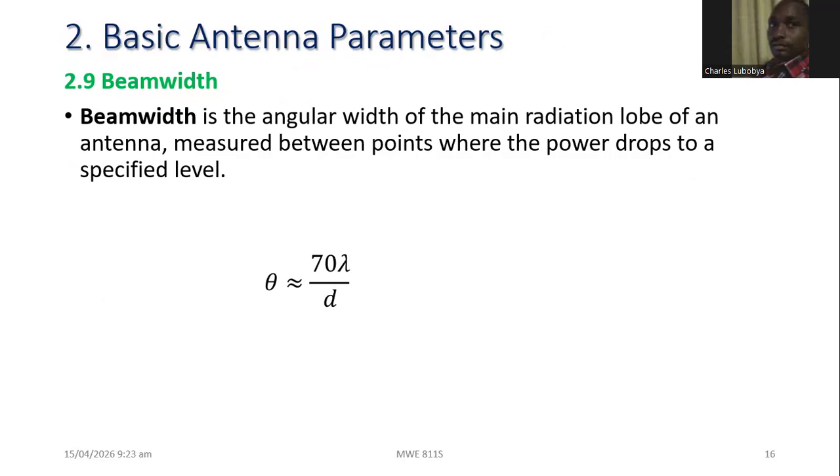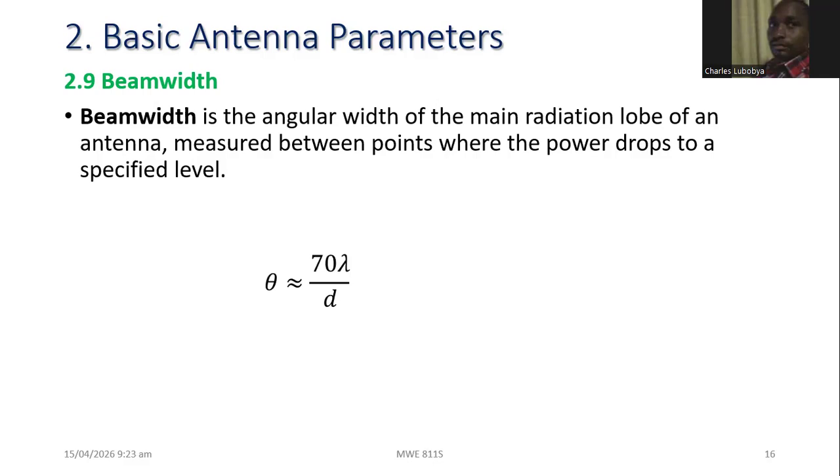So again, this was covered in the topic transmission line, but it also becomes very, very important under antennas. The next parameter, which is parameter number 9, is beam width. Beam width is the angular width of the main radiation lobe. Remember, when we were talking about radiation patterns, we talked of the main lobe, side lobes, and the back lobes. So the width of that main radiation lobe of the antenna is measured between points where the power drops to specified levels.